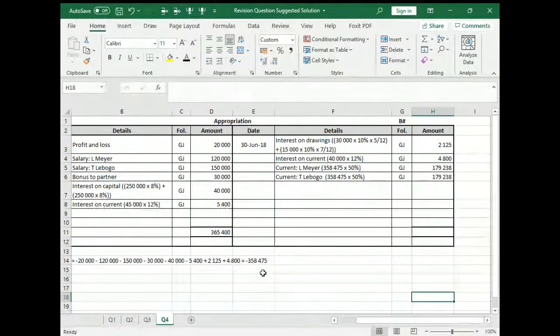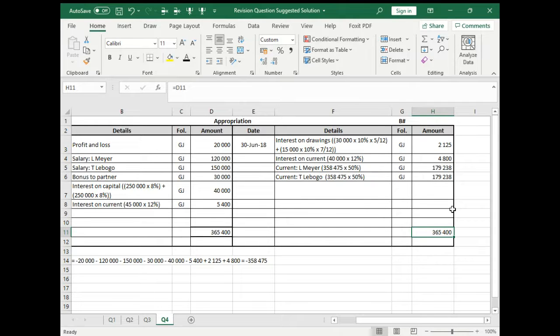So that 358,475, I multiplied with 50%. And then if you add it up, okay, it's actually 750. So the one would have been an 8 and the other one would have been a 7. But if you have a rounding error, we generally give you the mark anyway.